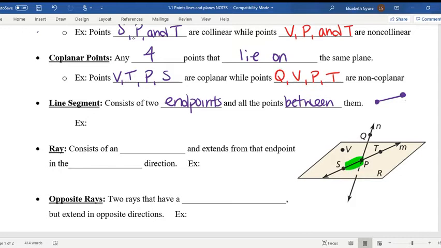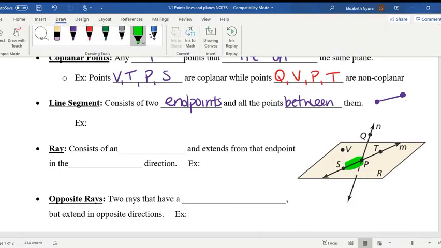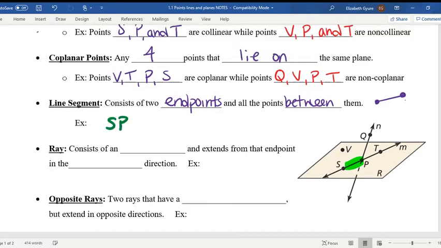You have endpoint S, and it goes till you get into endpoint P. So SP could be a line segment. So you use 2 letters to name it, S and P. And then with your labeling here, with a line, you put your double-sided arrow. For a line segment, you just put literally a little line segment above it. You don't have to put the dots or anything, just the little bar.